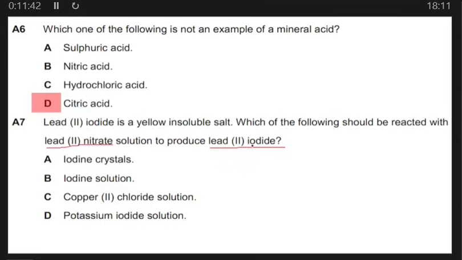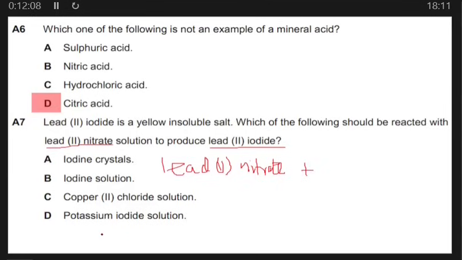So if you have lead nitrate, we are looking for a salt which should combine here.